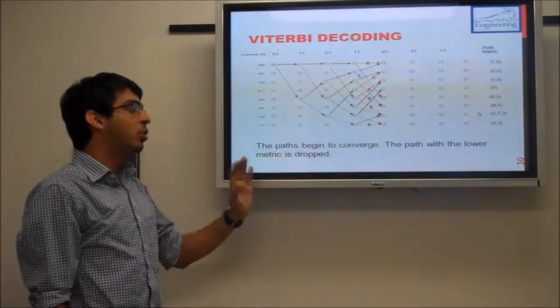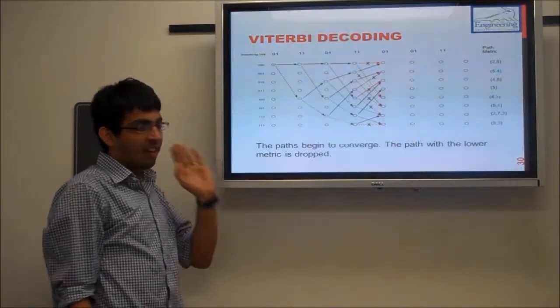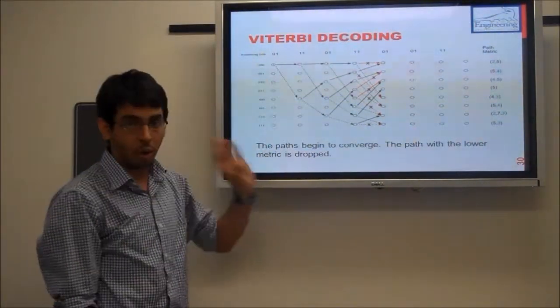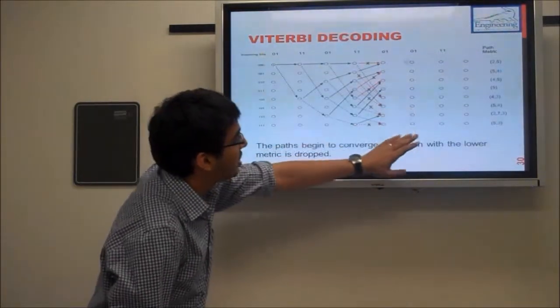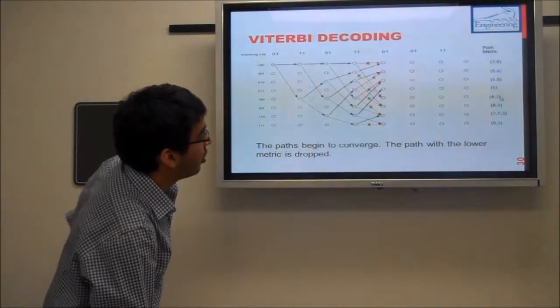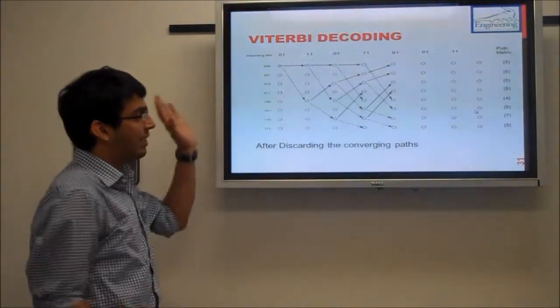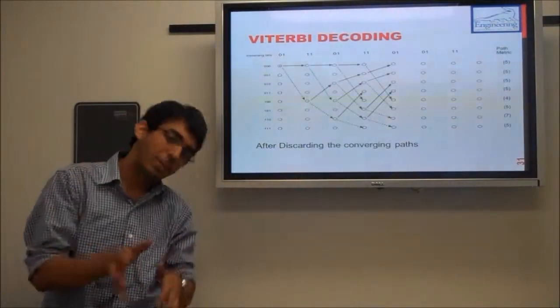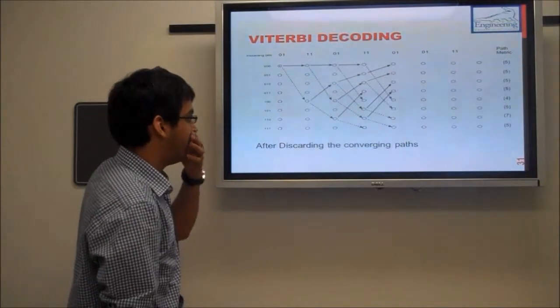So what we essentially do here is we discard the paths which have got the least metric at a particular node. Now in the next slide you see that we discarded all the paths which had a metric of 2, 4, 4, 3, 4, 2, 3 and 3 respectively. So we discarded those paths, and this is how we reduce the amount of computation that we are doing in a Viterbi decoding situation.